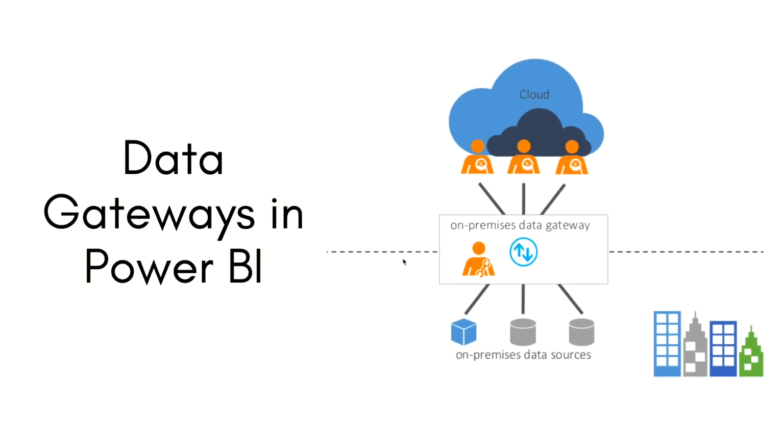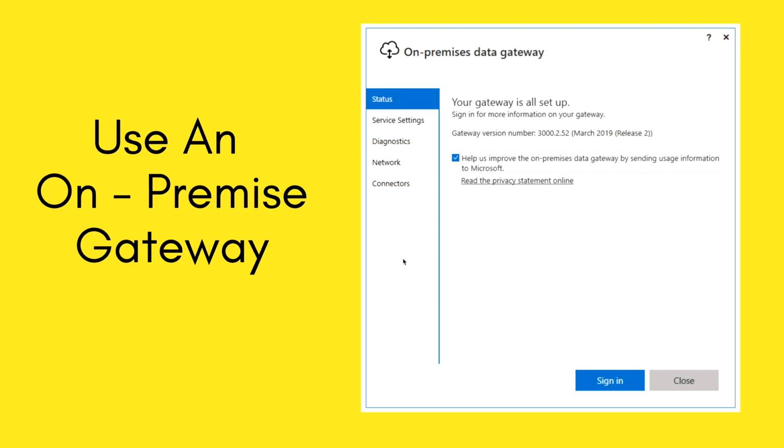Now let's move further and talk about using an on-premise gateway. Before you can connect to your on-premise data source, you need to install the on-premise data gateway and then configure it to suit your organizational needs. Usually, this task is completed by an admin in your organization.